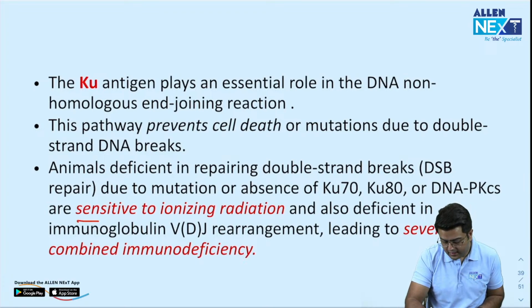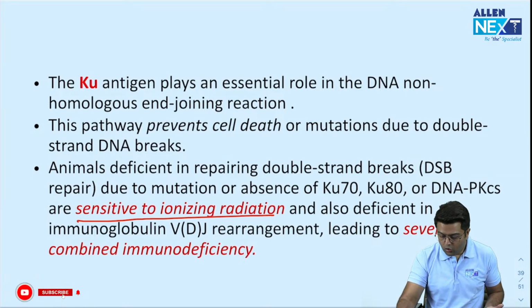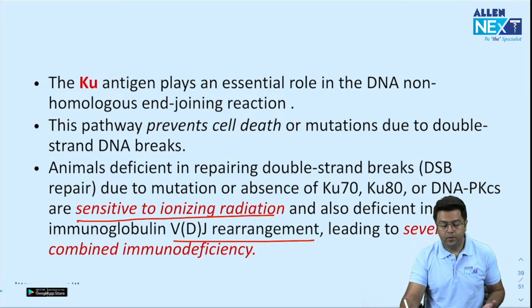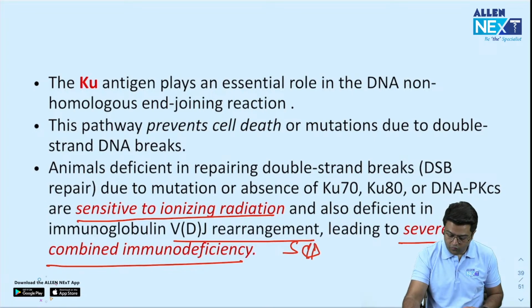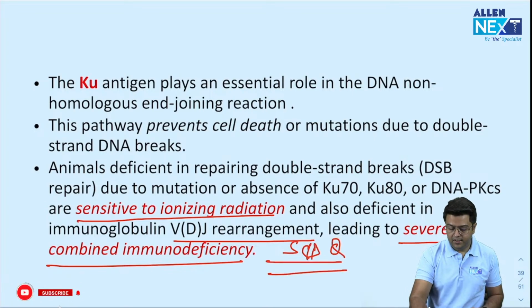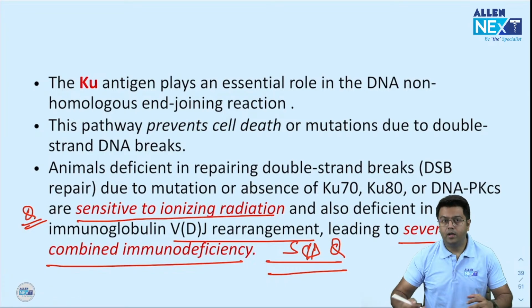They make the cell sensitive to X-rays or ionizing radiation. Fine. And guys, non-homologous end joining is also important for VDJ rearrangement. So if that is also a problem, this will cause SCID. That is again an MCQ, very important. SCID and sensitivity to ionizing radiation or X-rays, that you can remember.